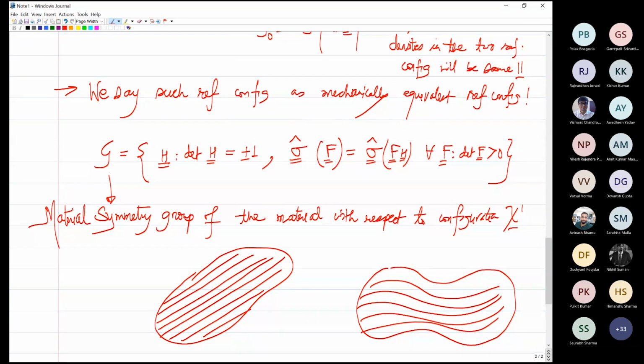So it's not like if you have the same material, let us say aluminium, then the symmetry group is always fixed. The symmetry group depends not just on the material but also on the reference configuration with respect to which you are talking about the symmetry group.